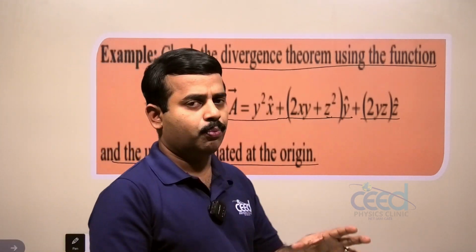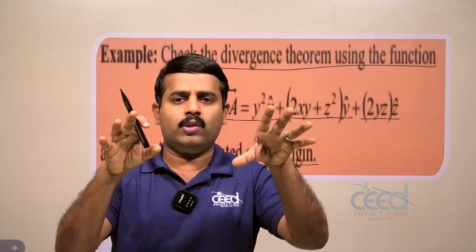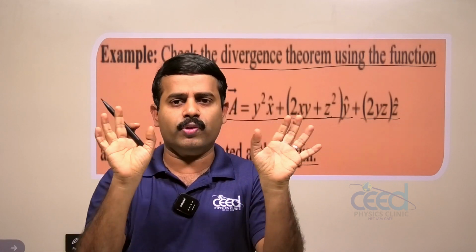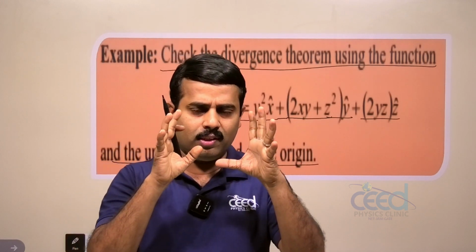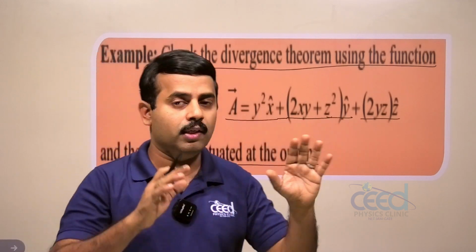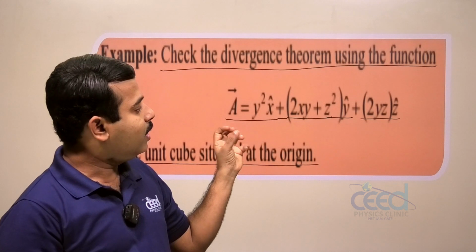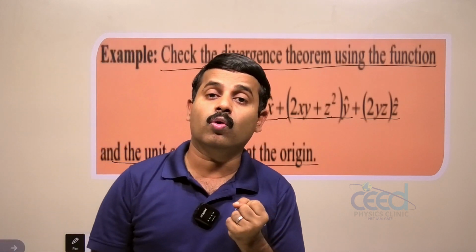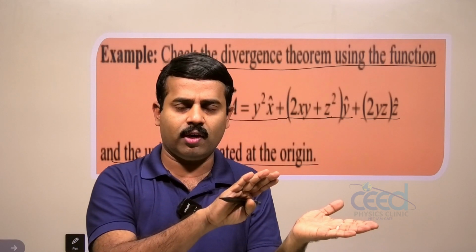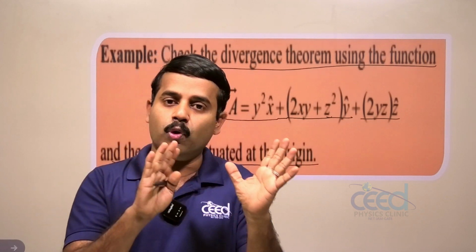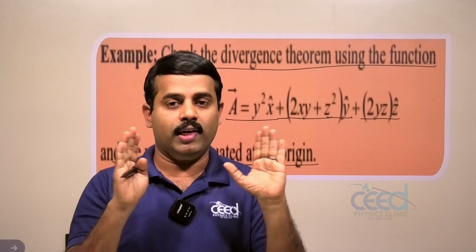So suppose you have a cube situated at the origin, and the side length of the cube is unity, that means 1, and you are applying this particular field to that cube. Now you can check whether the divergence theorem is valid or not. First we find the LHS of the divergence theorem, then we find the RHS. If both are equal, we can see the divergence theorem is valid.